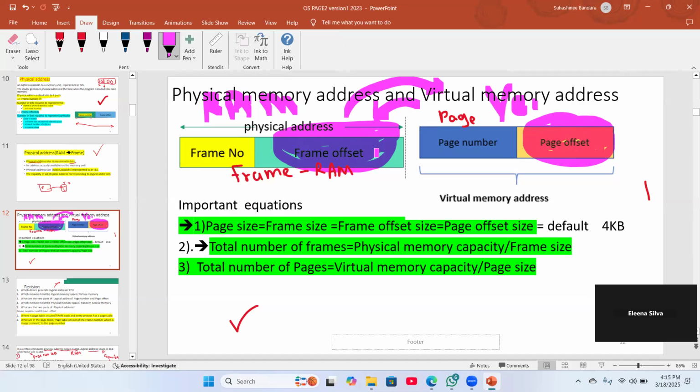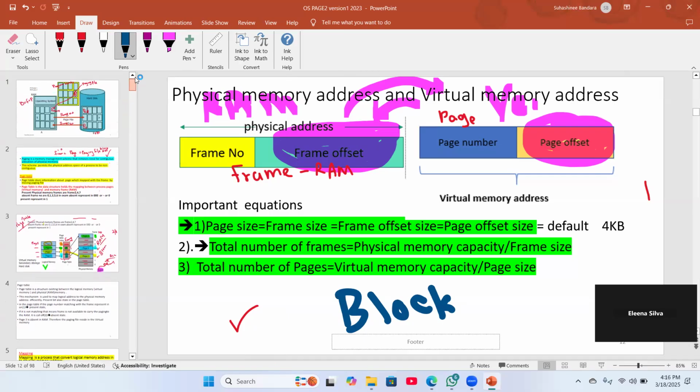Why? The same paging file is moving from random access memory to the virtual memory. Paging file means the program block. Can you remember the very first day we discussed the program block? The operating system divides the program into small, same portions, same sections, and that one section we call a program block.